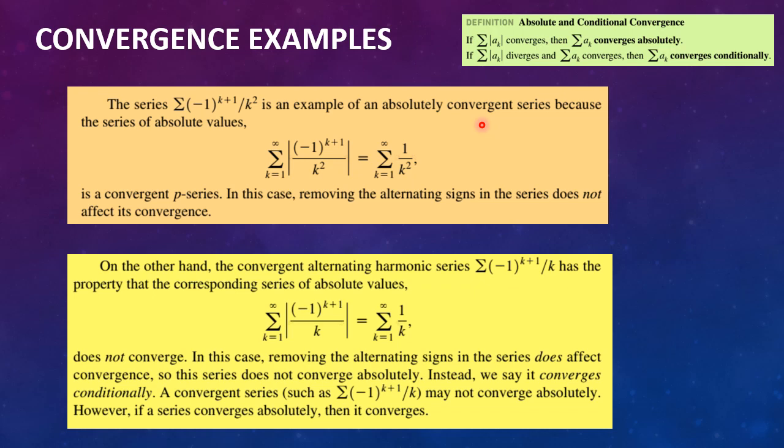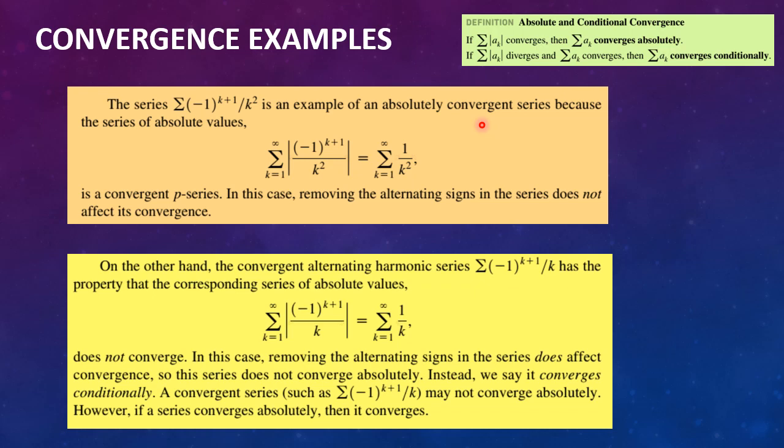On the other hand, the convergent alternating harmonic series, sigma -1 to the k plus 1 over k, has the property that the corresponding series of absolute values does not converge. In this case, removing the alternating signs in the series does affect convergence.